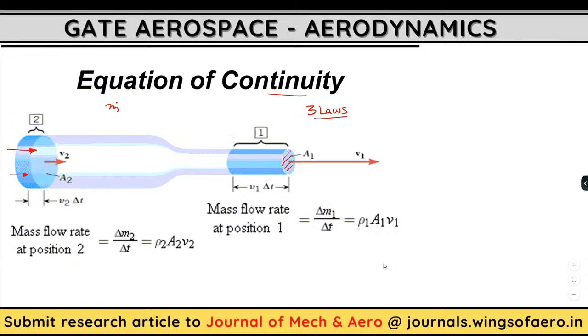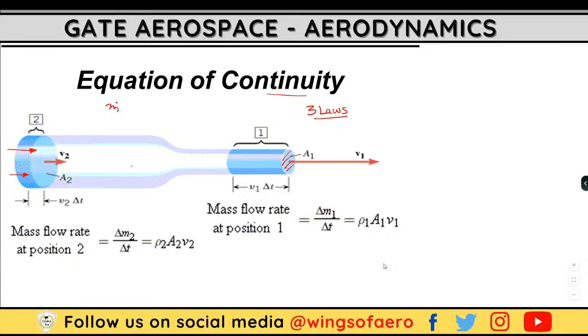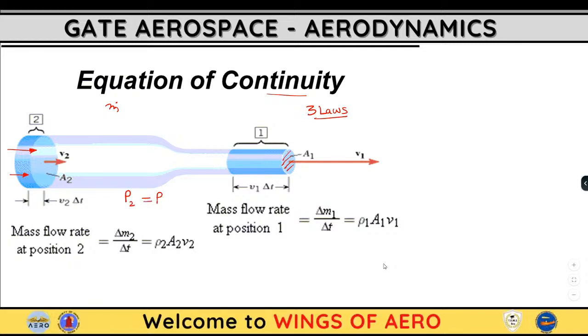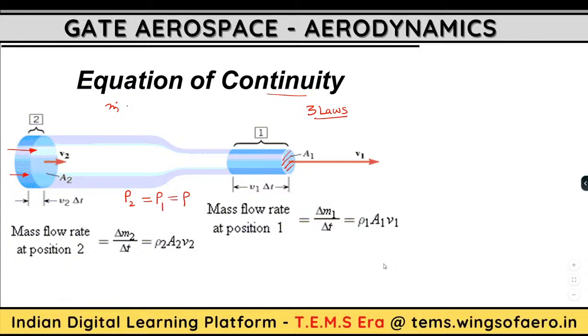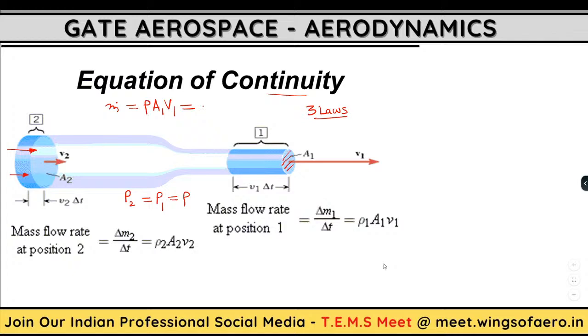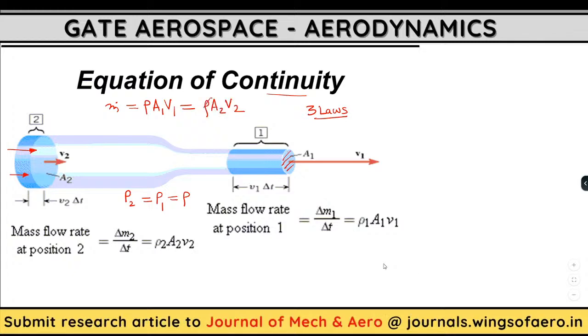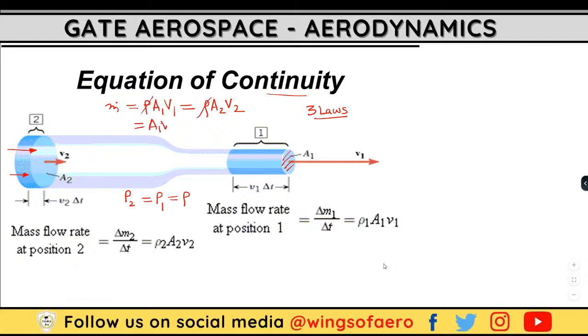Considering the density of the fluid, ρ2 equals ρ1 equals ρ. In that case, we can say that ρ A1 V1 equals ρ A2 V2. So when we cancel out this ρ, we get A1 V1 equals A2 V2.